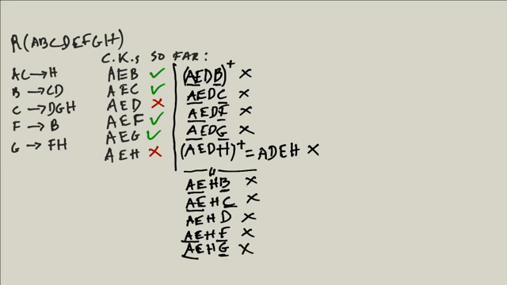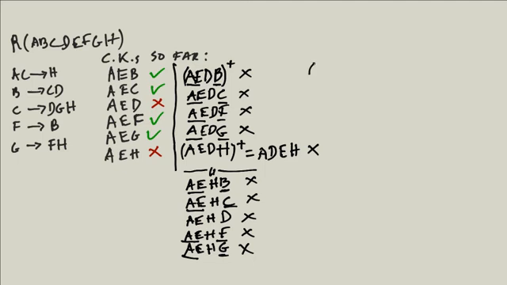So we combine this one with all the possible other attributes. Now, we still have this one here. Alone, I can't get to the attributes, but if I combine this one with all the other attributes, maybe I can get a candidate key.